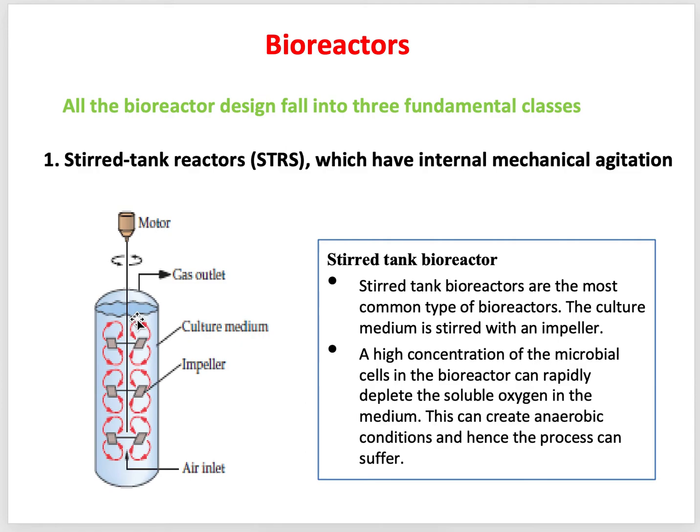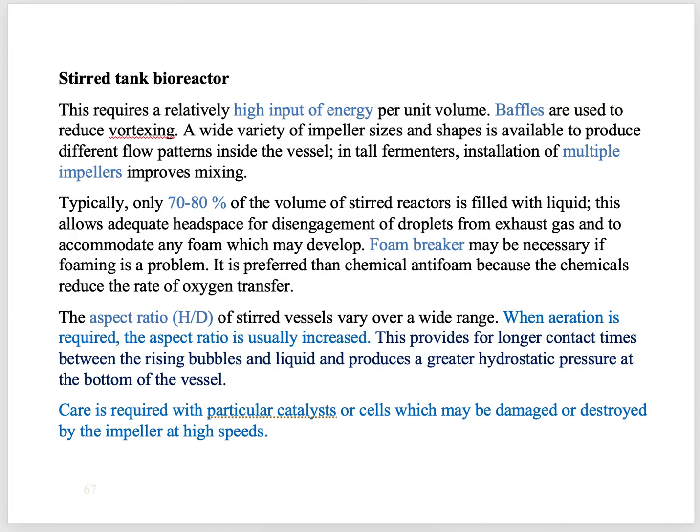So in fermenters, people always use a foam breaker. Foam breakers can be different. You can use some mechanical device to manage the foam, and people also use chemical anti-foam agents to reduce or remove the foams.